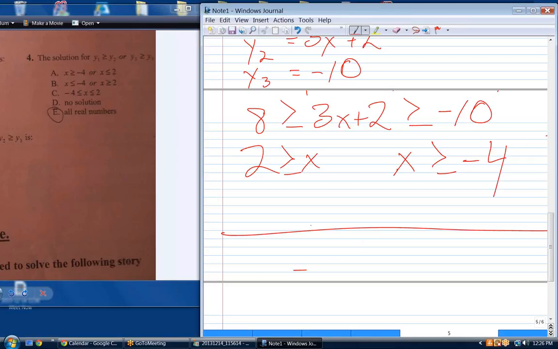You're learning a lot about inequalities here. How does that translate into all real numbers? It seems to me like only this range here satisfies it. If x is 100, it's obviously not less than 8.